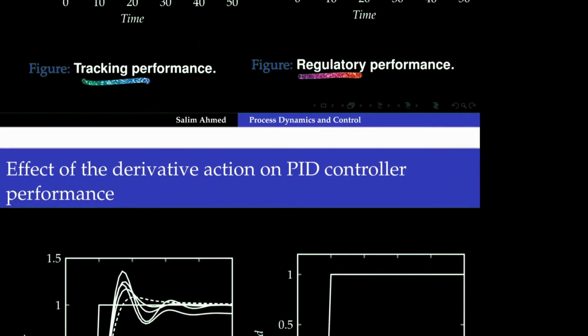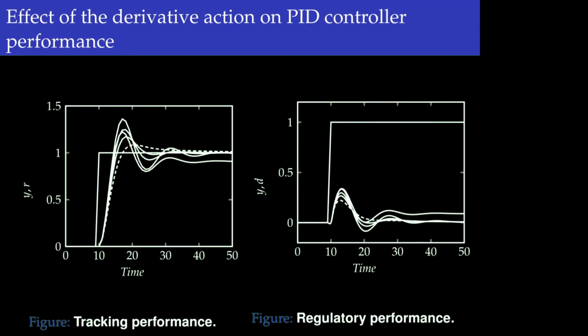Now let's look at the effect of the derivative action on the PID controller. For the above cases we have seen the proportional controller and the PI controller, and these two performance curves are for the PID controller. Looking at this curve, this represents proportional control.